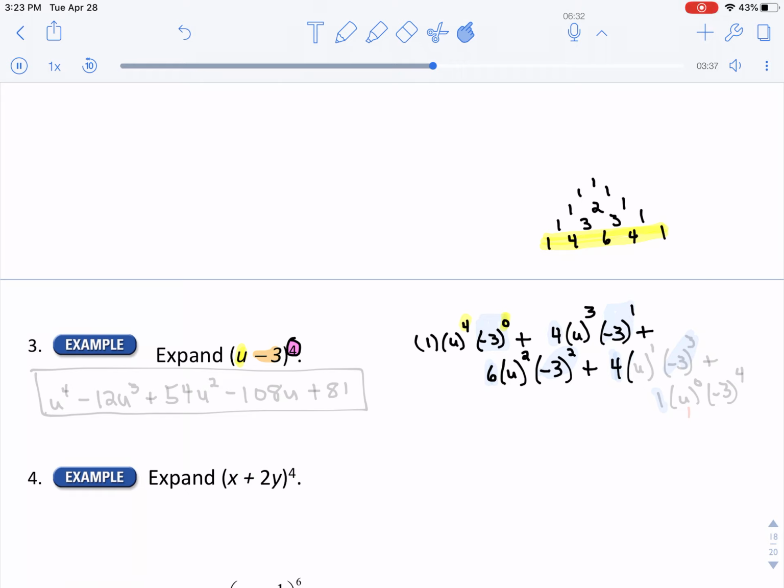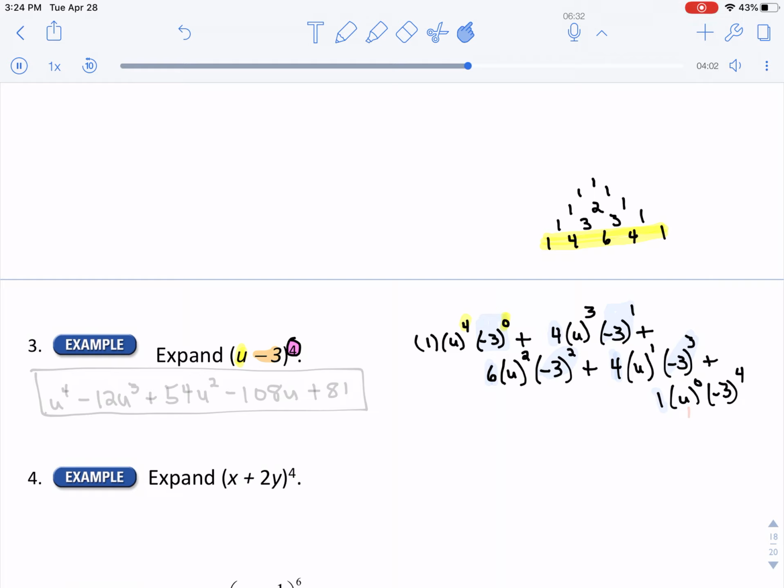And then we pick up the first term in the binomial, which is a u, and that goes down 1, so it's to the first power. And the negative 3 goes up 1, so it's to the third power. And then we put a plus. And the last number in Pascal's triangle is a 1 times u to the 1 down from 1 is 0 times negative 3 to the fourth power.